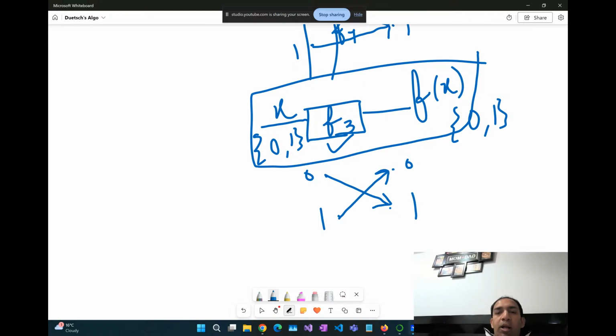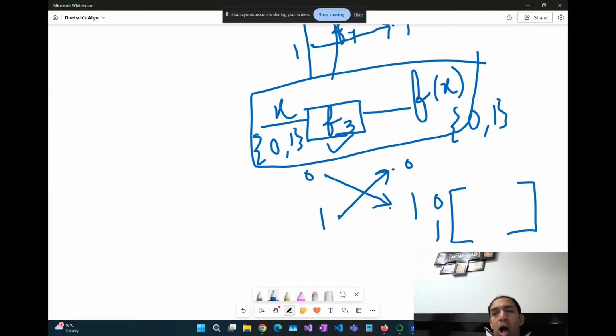For that, you will have to think in terms of input and output possibilities. Now, think about having a 2 by 2 matrix over here, where 0 and 1 are the input states and 0 and 1 are the output states.